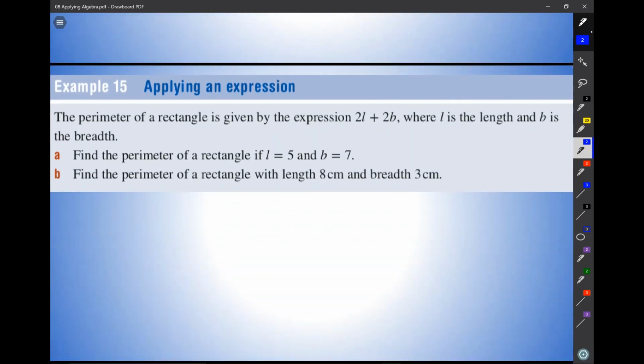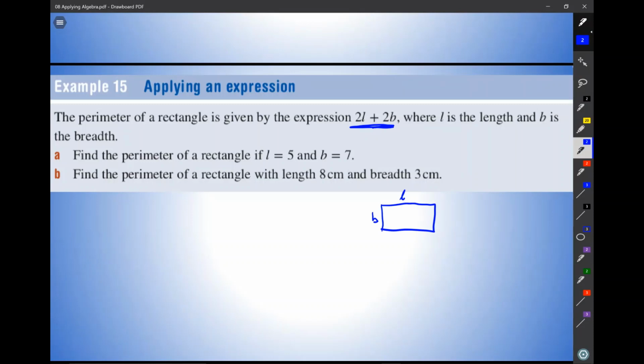Here is an example where we're told that we can work out the perimeter of a rectangle by adding up 2 times the length plus 2 times the breadth.